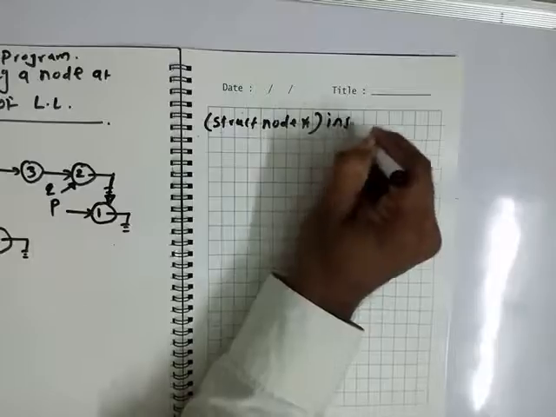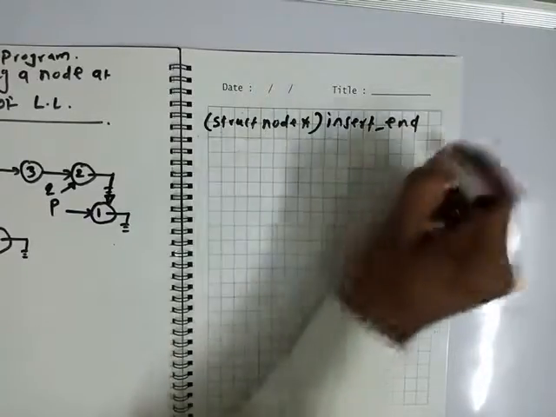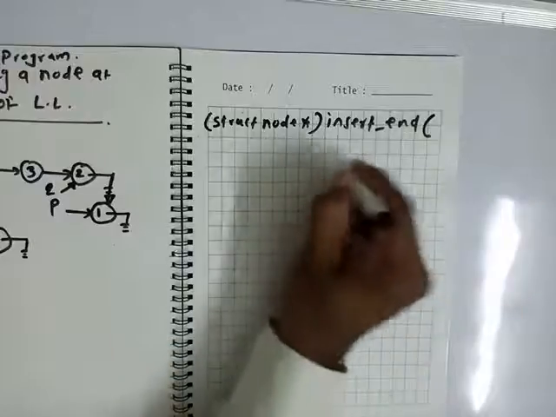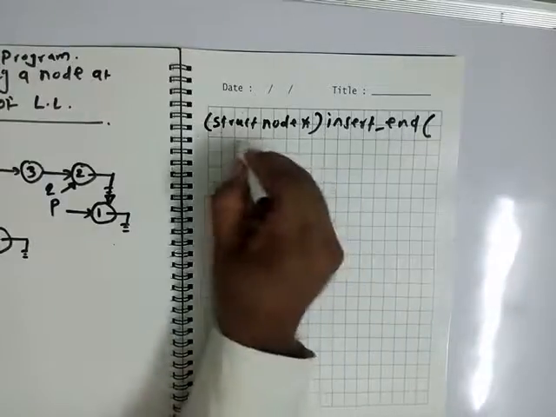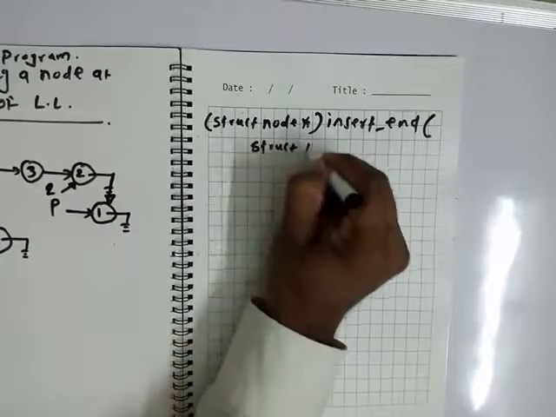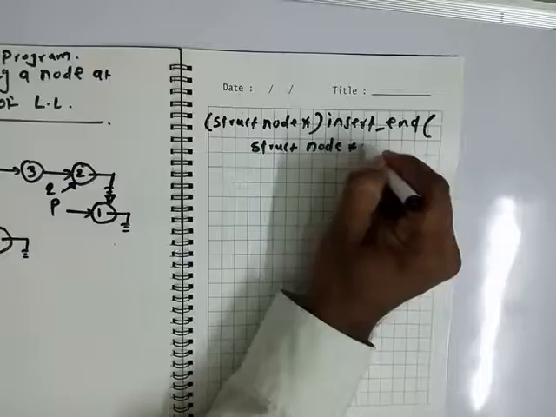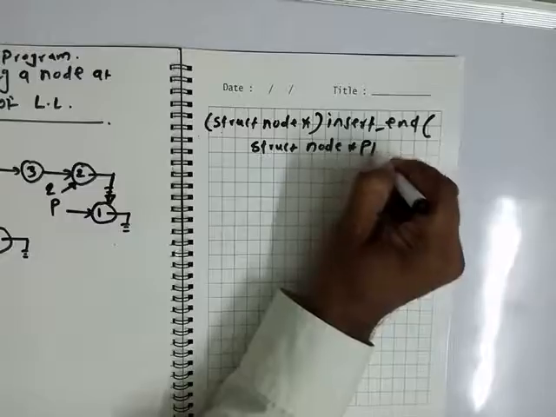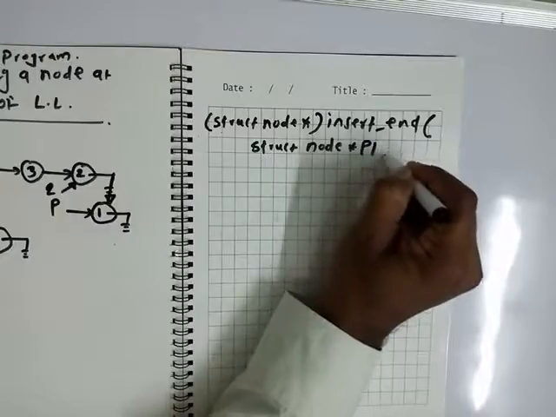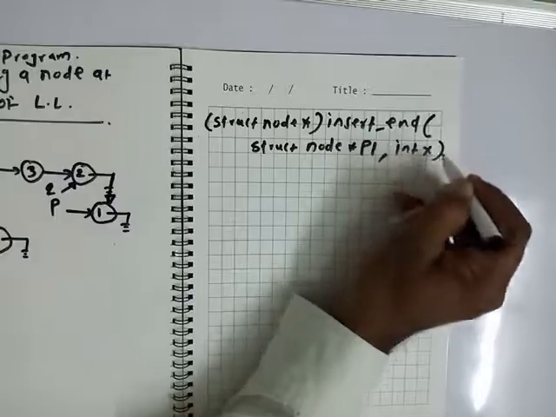So insertend is the name of this function, and inside this it will accept the address of the first node of the linked list in which the new node is to be inserted. Let's store that address inside a pointer called p1, right? And the data to be inserted is x.